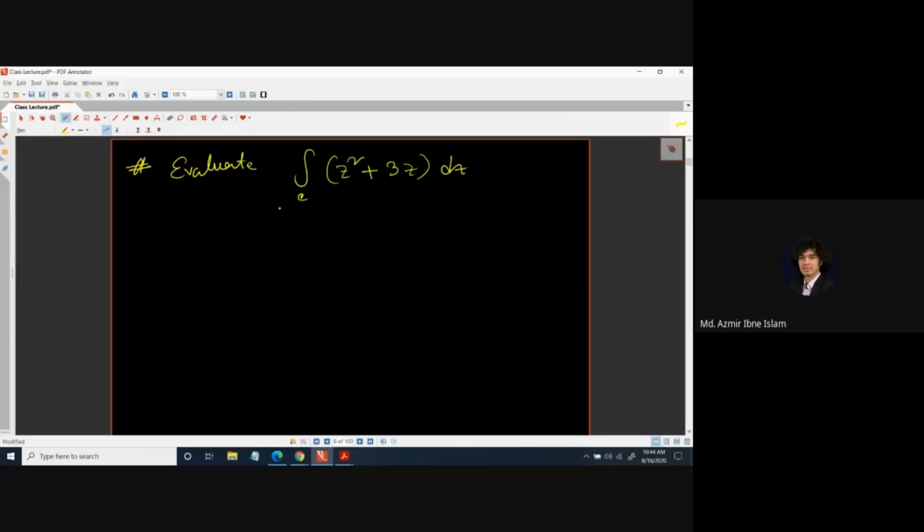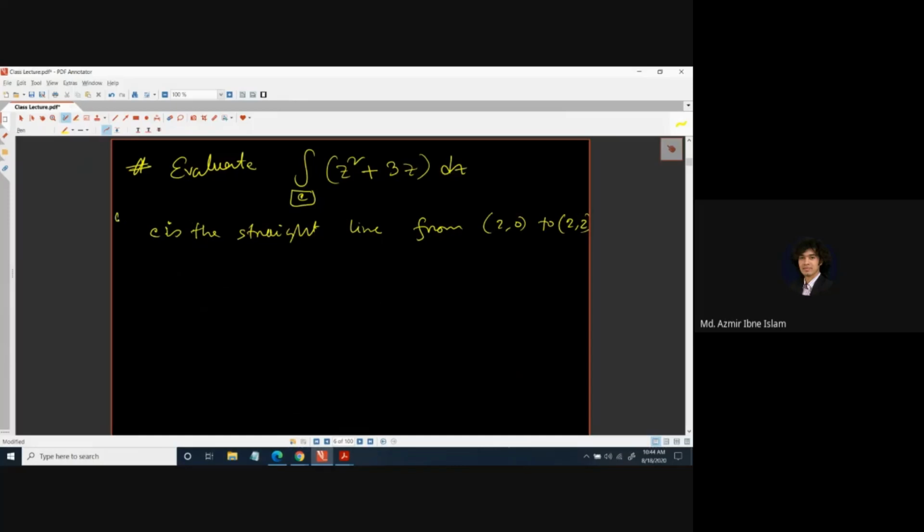We have a contour C, or a path C, where C is defined as, let's say, the straight line from 2,0 to 2,2.